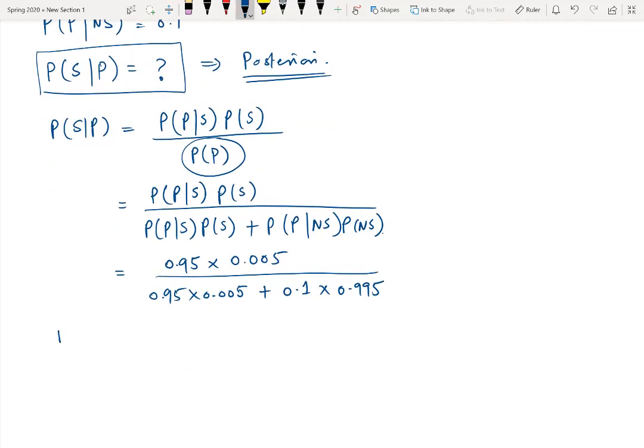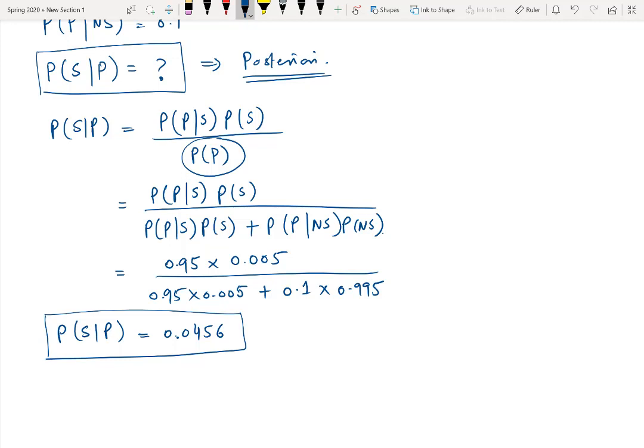If you solve this fraction, it can be shown that the result is 0.0456. So this is the probability that the person is a sufferer given the result is positive, which is very low.